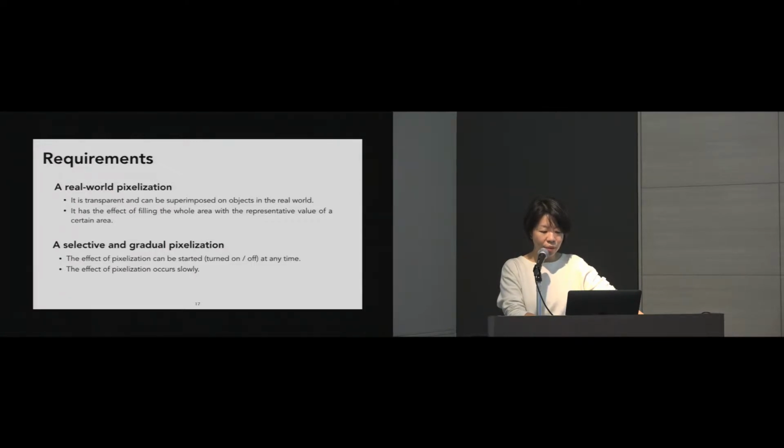Moreover, it has the effect of filling the full area with a representative value of a certain area. For selective and gradual pixelization, the effect of pixelization can be turned on and off at any time. Additionally, the effect of pixelization occurs slowly.